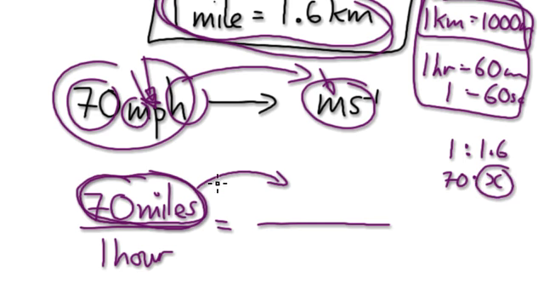So x represents 70 miles in terms of kilometers. From here to here you would times 70, so over here you have to times 70 as well. So it's going to be 1.6 times 70.